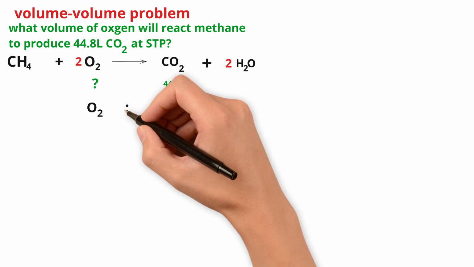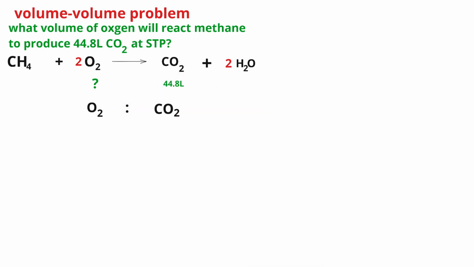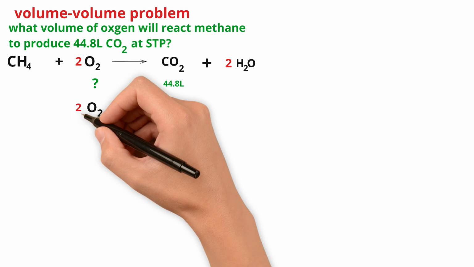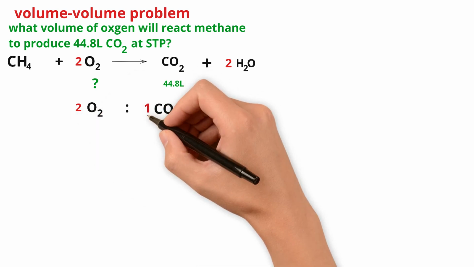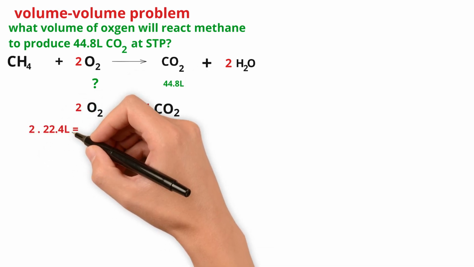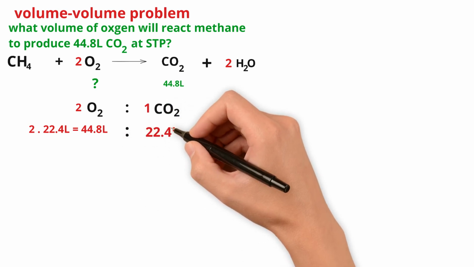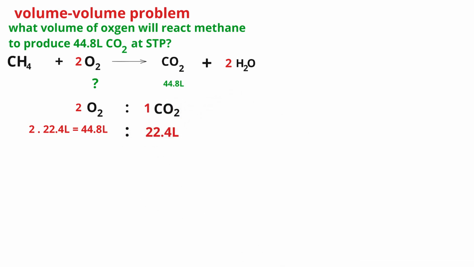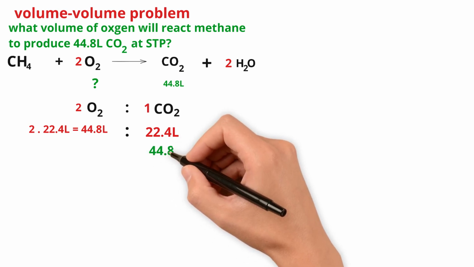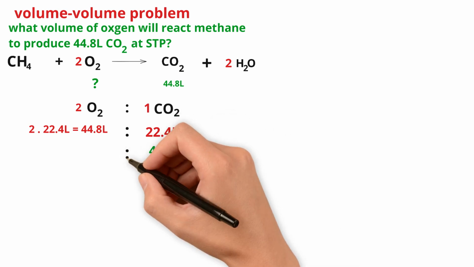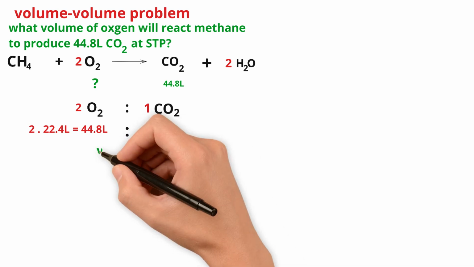To solve this problem, let us set up the oxygen molecule to carbon dioxide molecule ratio. 2 moles of oxygen molecule produce 1 mole of carbon dioxide, means that 44.8 liters of oxygen molecules produce 22.4 liters of carbon dioxide, or 22.4 liters of carbon dioxide is produced from 44.8 liters of oxygen.